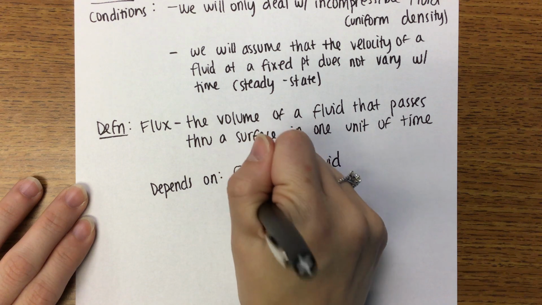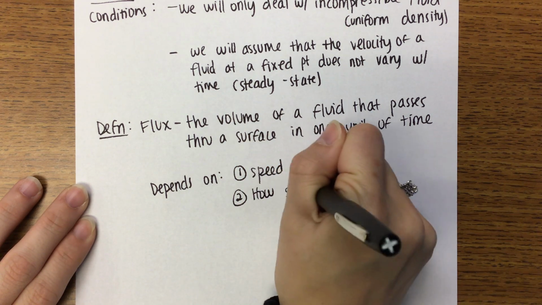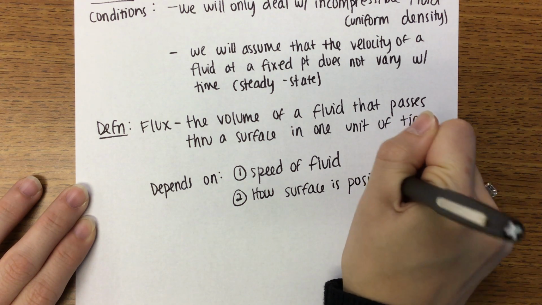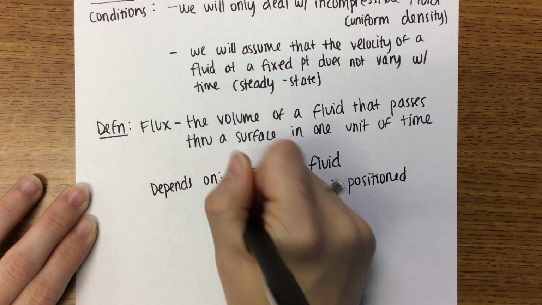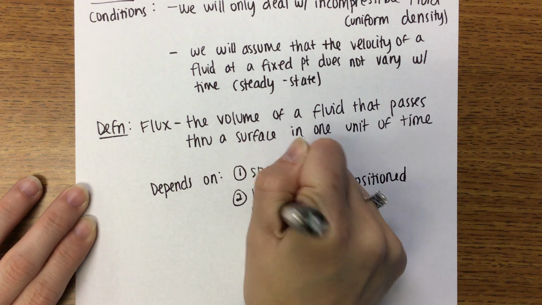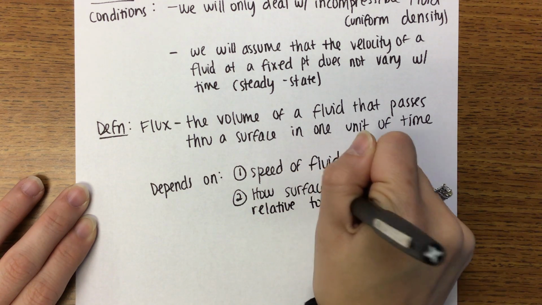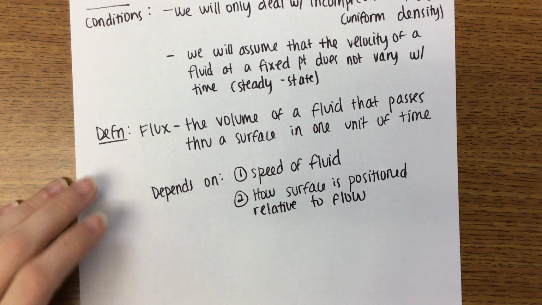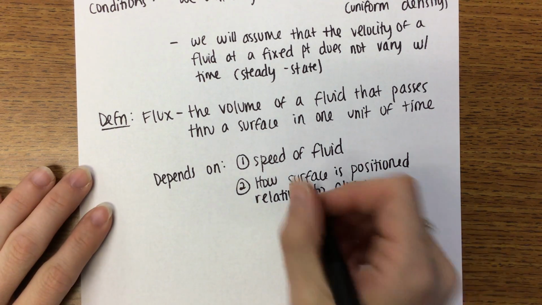Second one is how the surface is positioned relative to the flow. Okay, so there's kind of two different extremes.